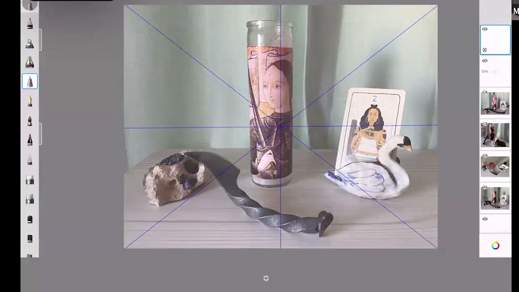Let's look at the positive and negative space distribution. So let's say we're going to consider this positive. We're going to consider this positive.